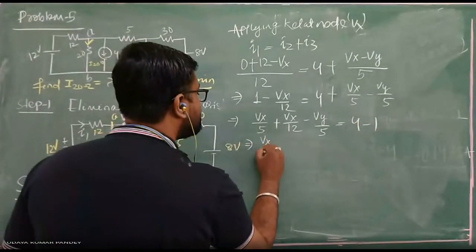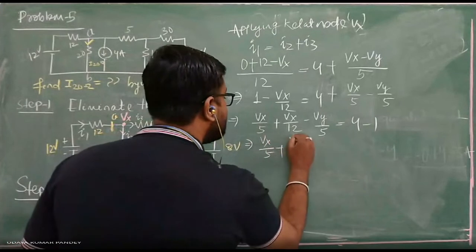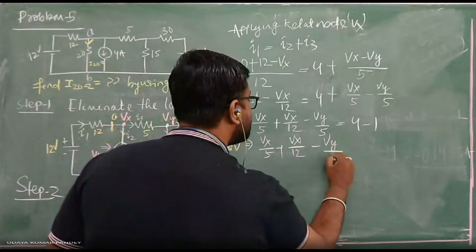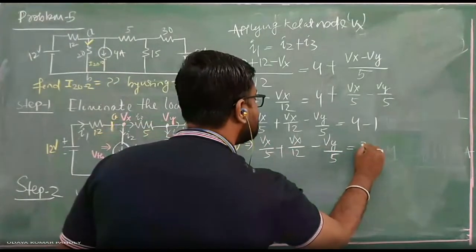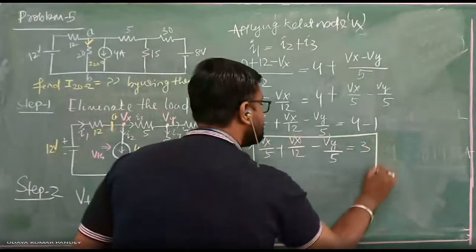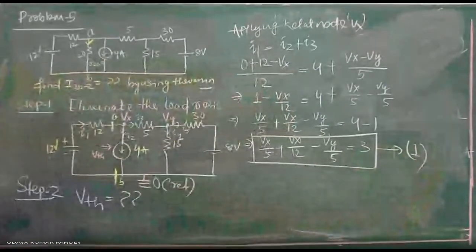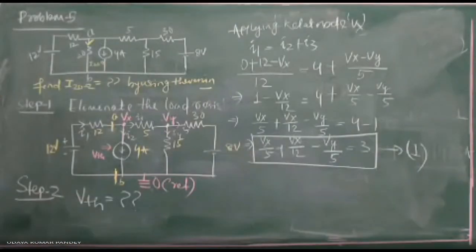This is your equation number 1, becoming Vx by 5 plus Vx by 12 minus Vy by 5 equal to 3. This is your equation 1. Yes or no? Yes, sir.